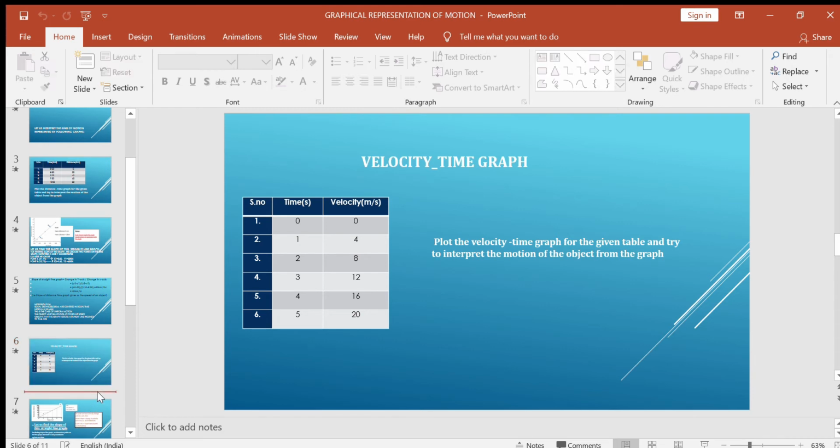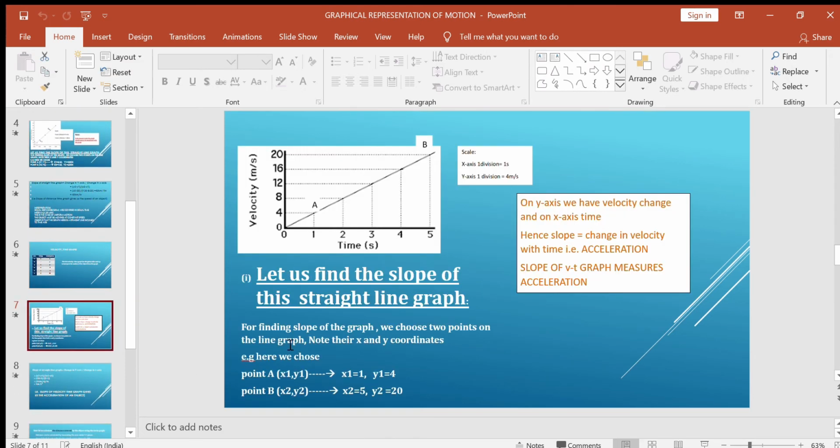Right? So the VT graph looks like, again, a straight line inclined to time axis. And if we look for the slope of this straight line graph, we can again take 2 points A and B and note down their coordinates x1, y1, x2, y2.